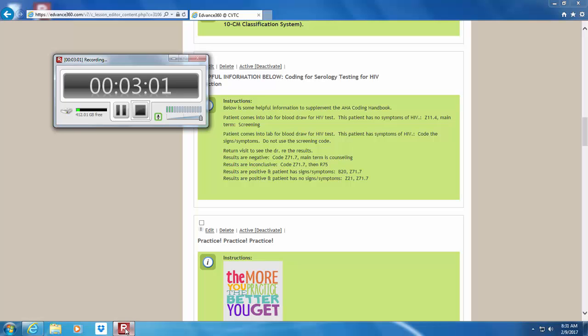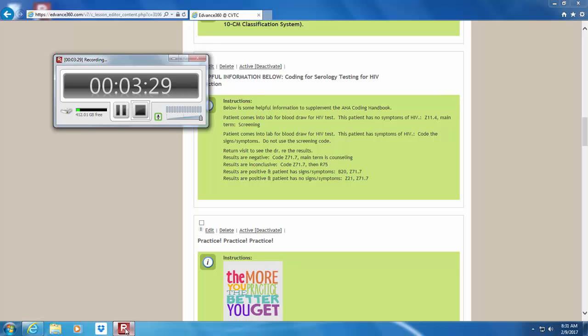And when a patient has been exposed to the HIV virus but shows no signs and symptoms, the code is Z20.6. And this is all indicated in the area of serological testing on page 157, as well as the learning plan in E360, which indicates helpful information regarding serologic testing.